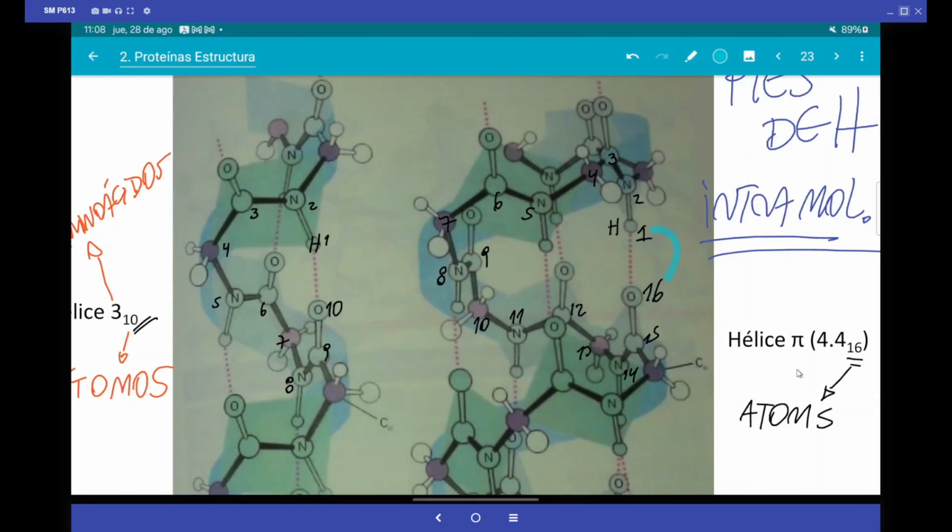Well, what does it mean? How do we interpret 4.4? They are going to tell me it means that there are 4.4 amino acids for each round. However, the way to interpret it is that every 10 laps there are exactly 44 amino acids.